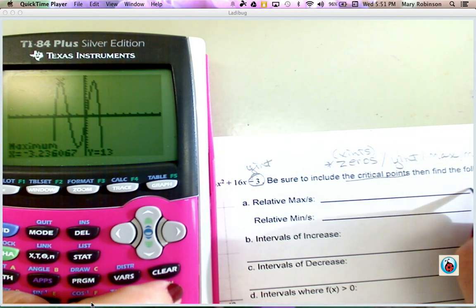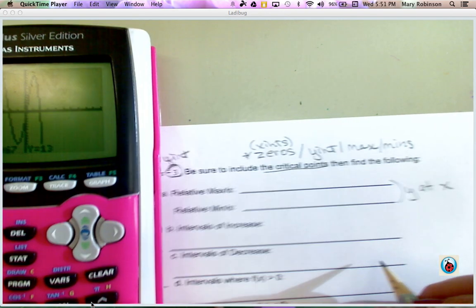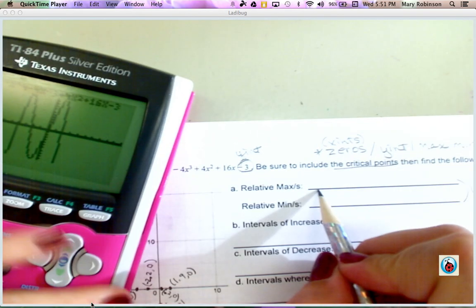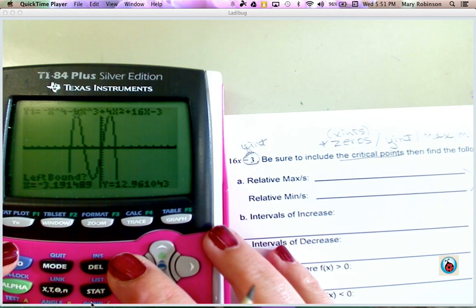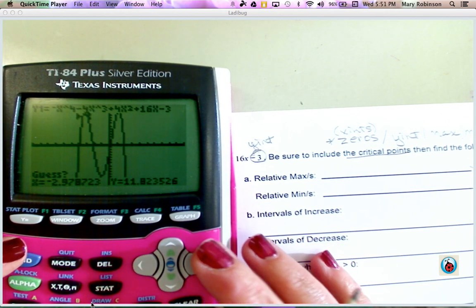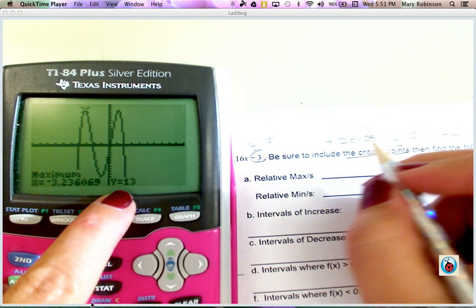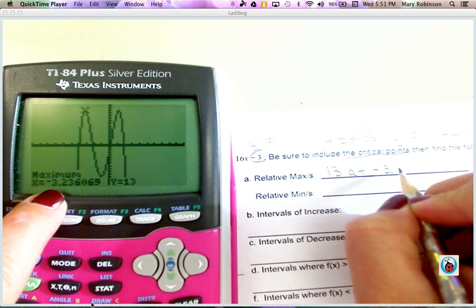So we can actually write our max from that. Remember your y max and mins, that's your y at the x value. So I'm going to go ahead and fill in these blanks while I'm at it. Oh shoot. Second trace, max, sorry. So we do the y value, which is 13, at the x value of -3.2.